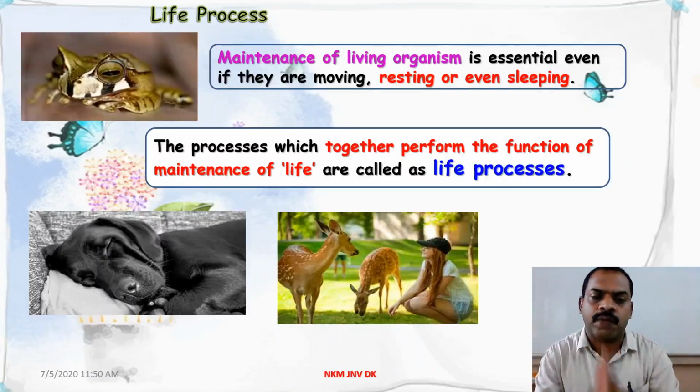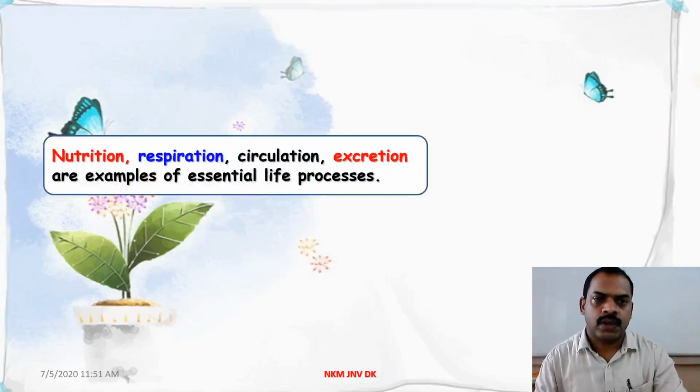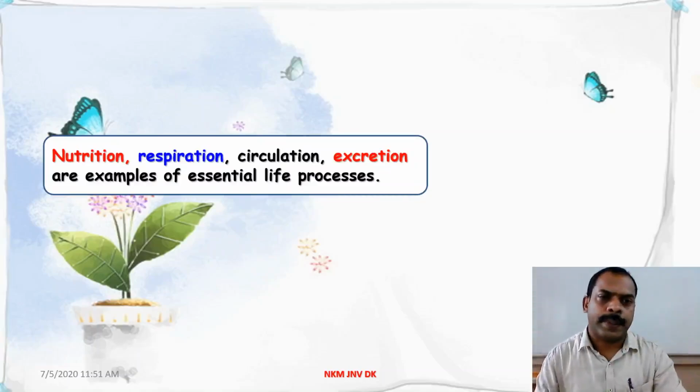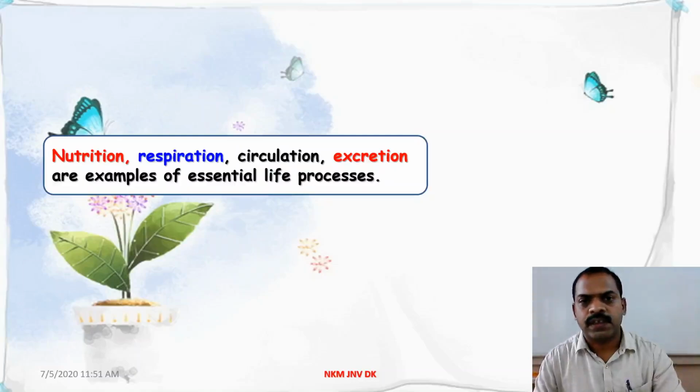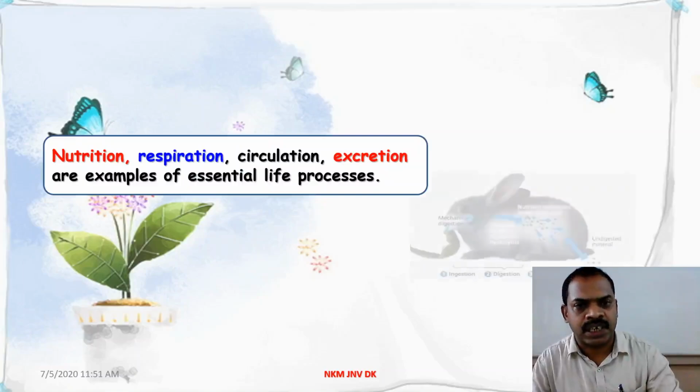Nutrition is one of the life processes. Without it, living is very difficult. The basic four life processes are nutrition, respiration, circulation and excretion. These four processes we are going to discuss in this chapter in detail.